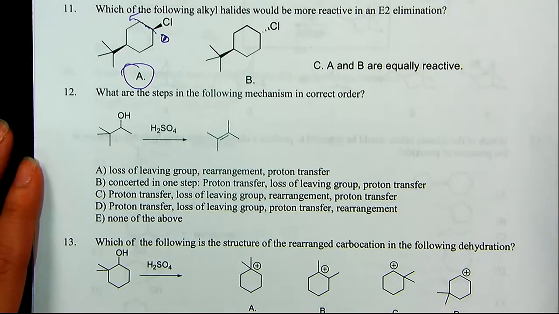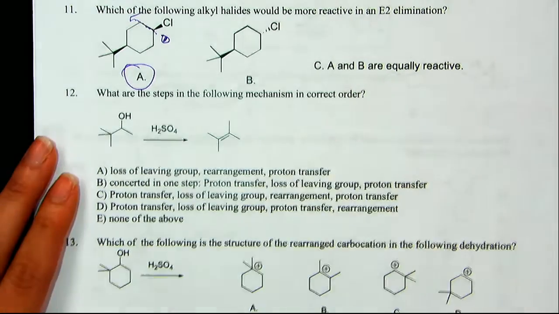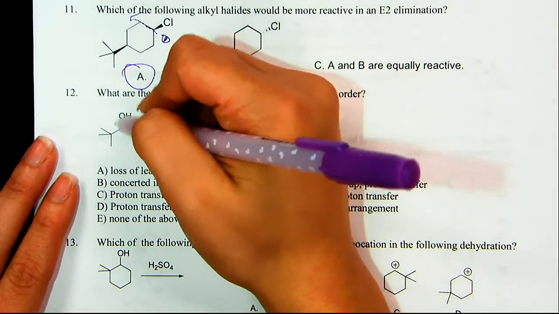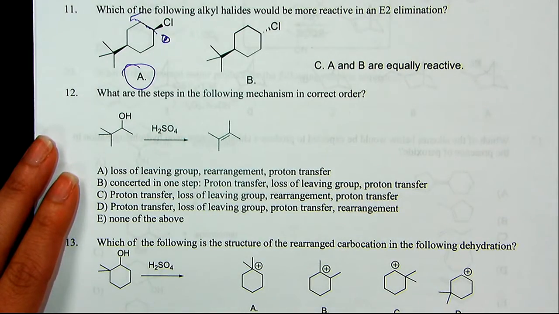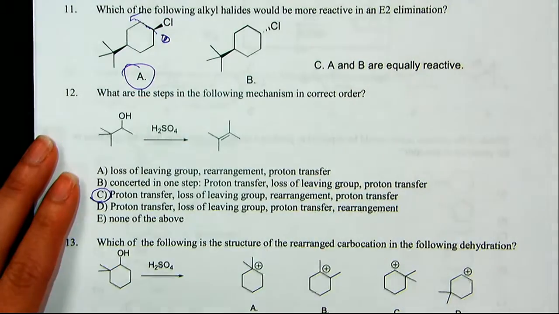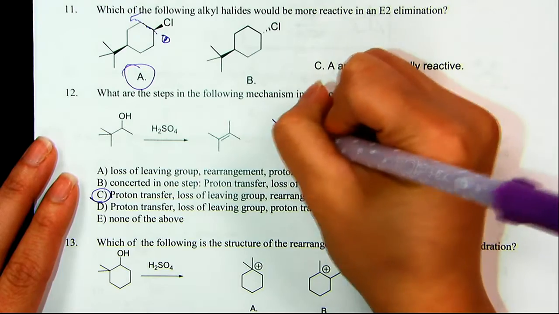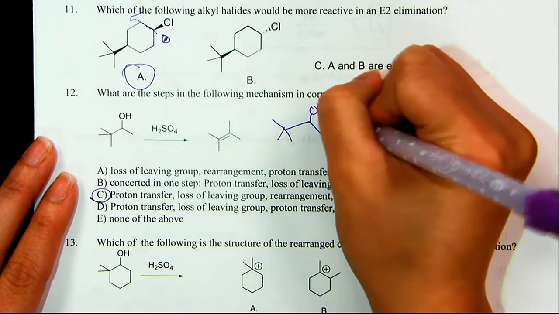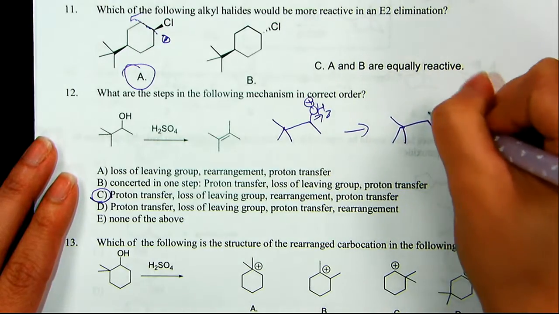Number 12, what are the steps in the mechanism for the following reaction? We use sulfuric acid, your alcohol is going to attack a hydrogen, you have proton transfer happening, and after that you have a loss of the leaving group. When you have the loss of the leaving group, then you have a rearrangement, and after the rearrangement you do another proton transfer to get the eliminated product. So again, extract the proton, and then you get OH2 plus, loss of the leaving group, and the carbon gets positive here.